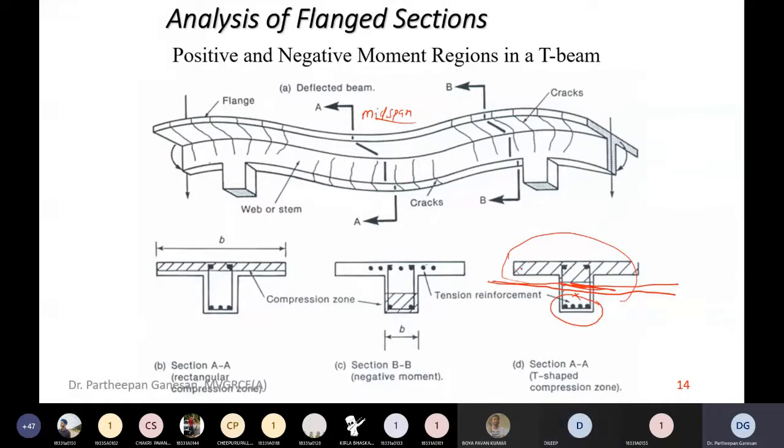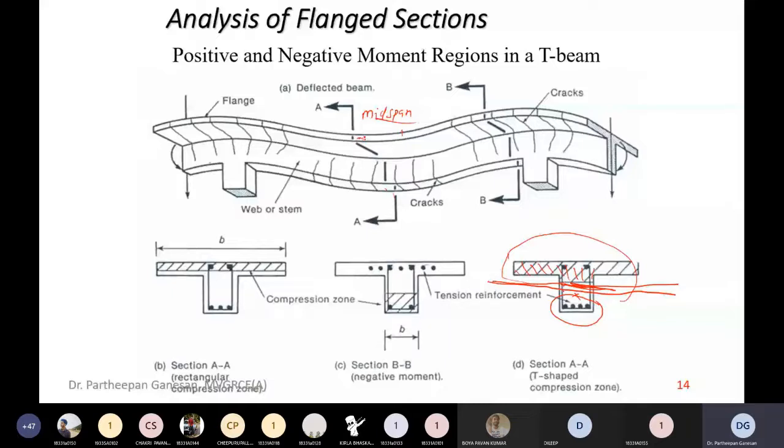So at the midspan, this slab will act as a compression flange, right? So this you have to design. Remember, above the neutral axis, your entire section of concrete is in compression.